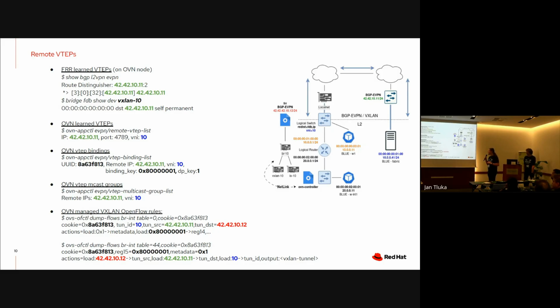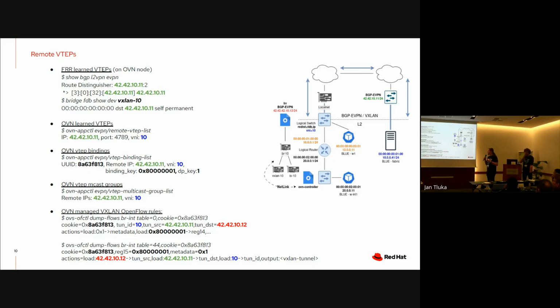As you can see here, we have matching on the tunnel ID, which is the VNI, and the source address. This is for ingress, if I'm not mistaken, and for the egress, we have the other way around. So we are loading the IP addresses and the VNI and sending it out through the OVS tunnel. One thing that's good to highlight here is that this is all local to the OVN controller. None of this information will be in any database.